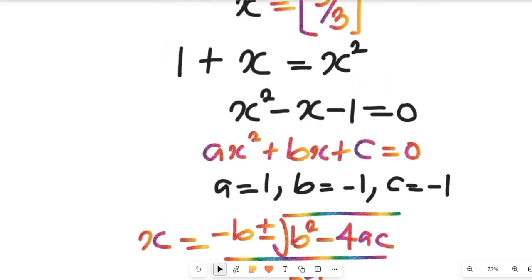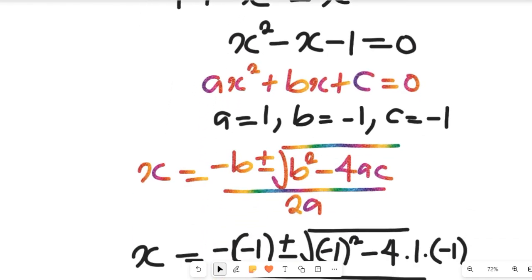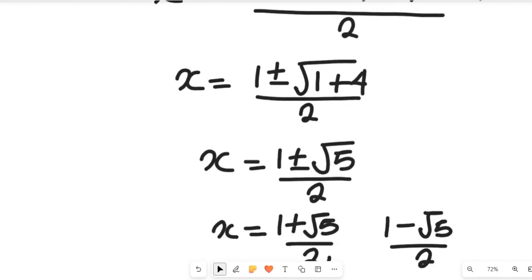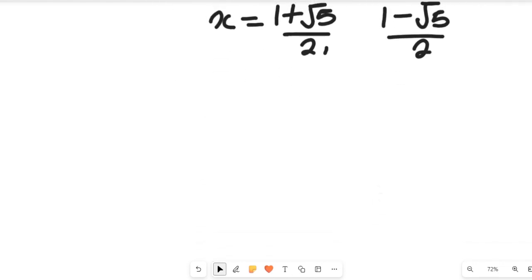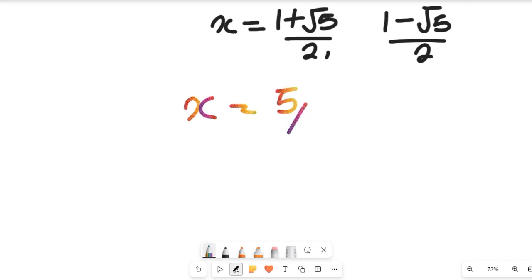Now recall that we said the value of x is equal to 5 divided by 3 to the power of y. So if these two expressions are given to us and we are told that x is equal to 5 divided by 3 to the power of y, that means we can simply find the value of y, because that is exactly what we are looking for.